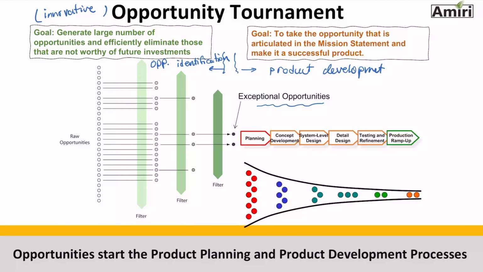Here, the goal is to take the one or few opportunities that were identified and, depending on the project mission statement and description, turn them into a successful product. What you see here, the colorful funnel, is a product development funnel. We'll talk about it throughout this course.